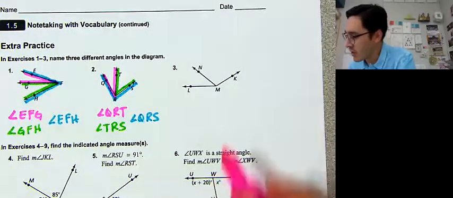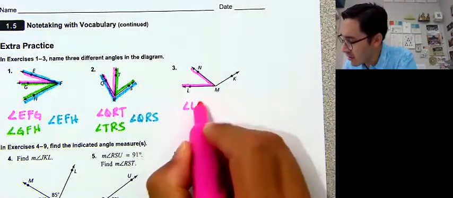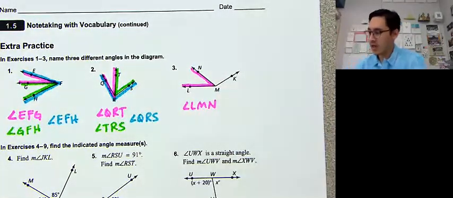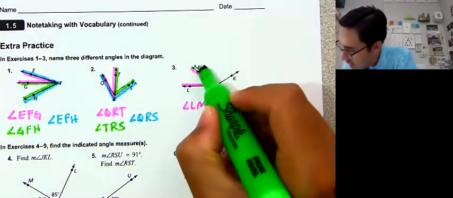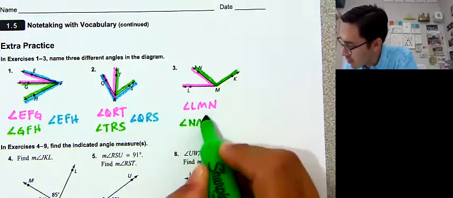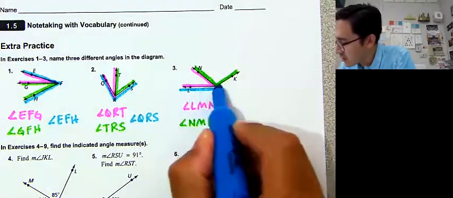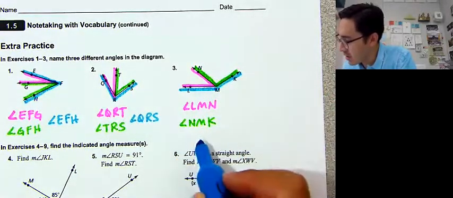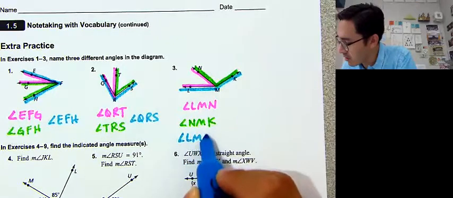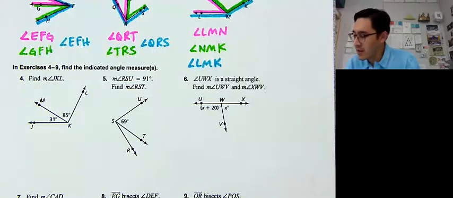And then one last time for good measure, let's call the first angle LMN, and the next angle NMK. And then finally, this large angle here, LMK.